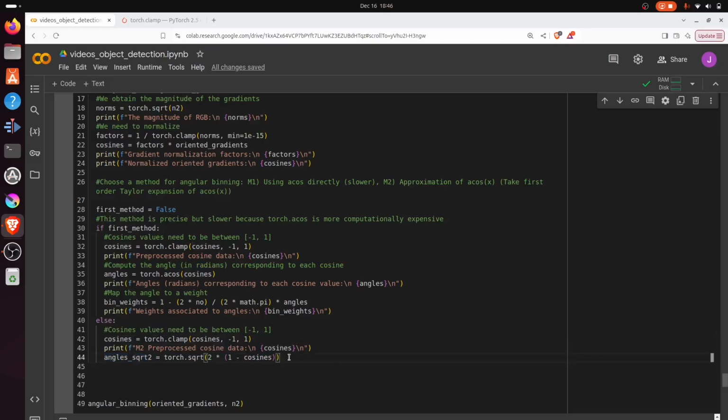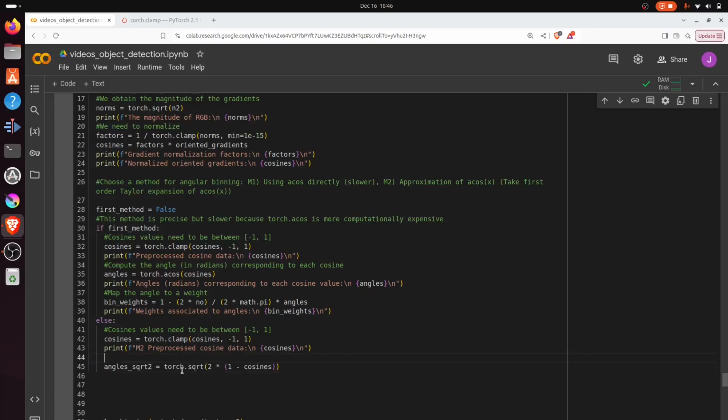Fantastic. So now what is the third step within the block? Well, as we did above, let me first state here that we compute the angles using the Taylor expansion of our cosine in first order.